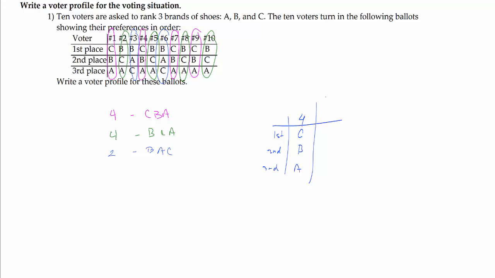For BCA, we had 4 voters turn in that profile. And for the last one, BAC, we had 2 voters submit that as their preference. So really all it is, is taking all that raw data, the 10 different ballots, and consolidating it into as few as possible.